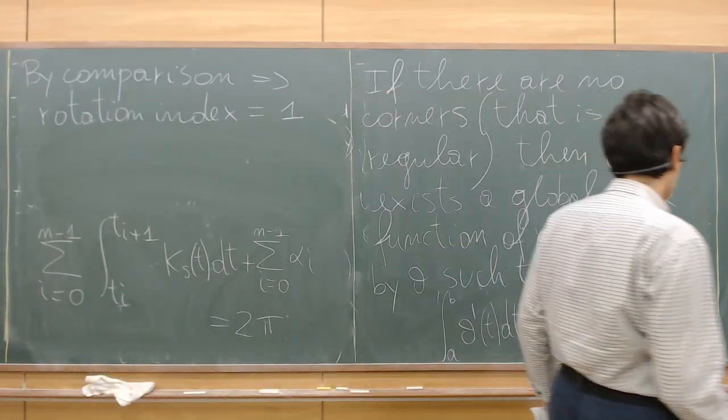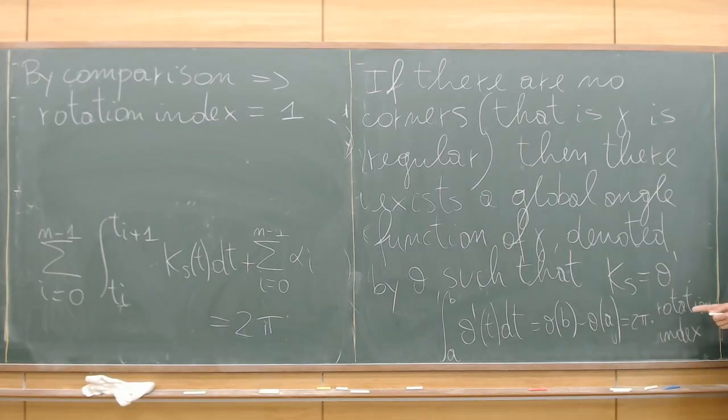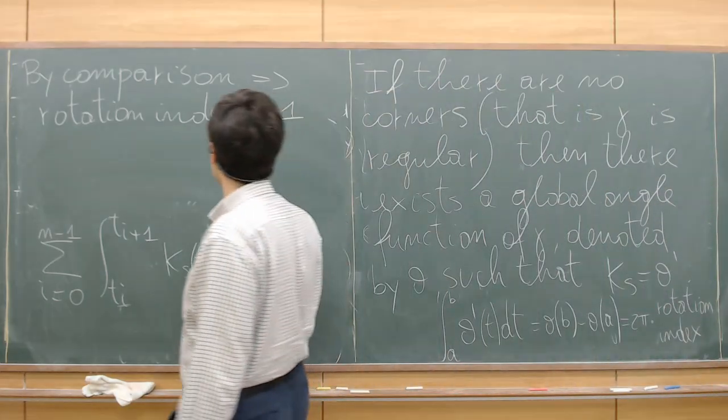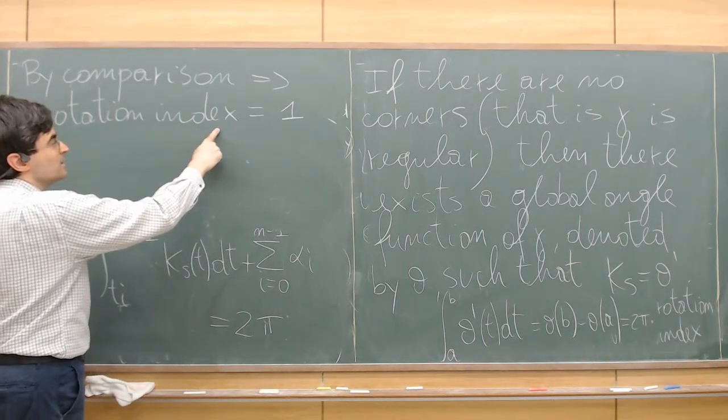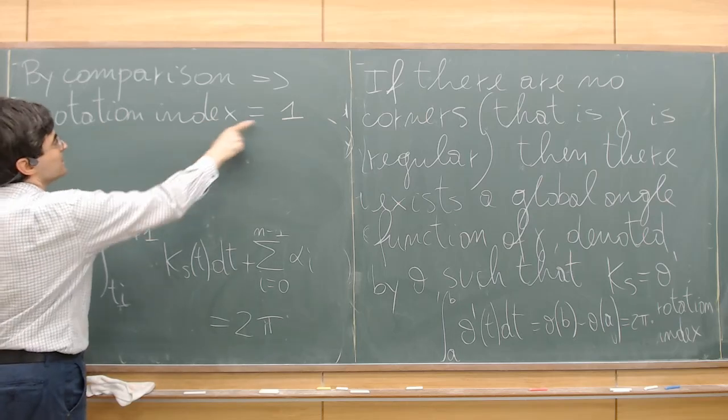This is exactly what the Hopf Umlaufsatz says, because we are considering a positively oriented curve, and for this kind of curve the rotation index is 1.